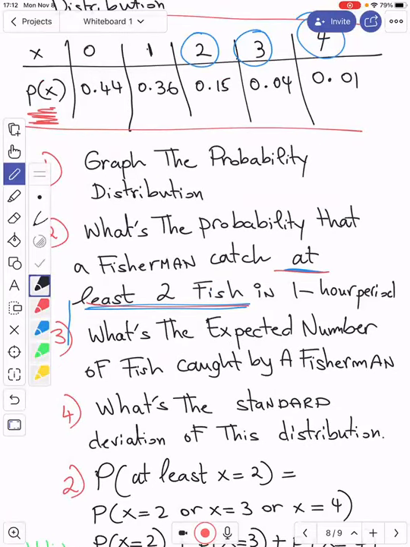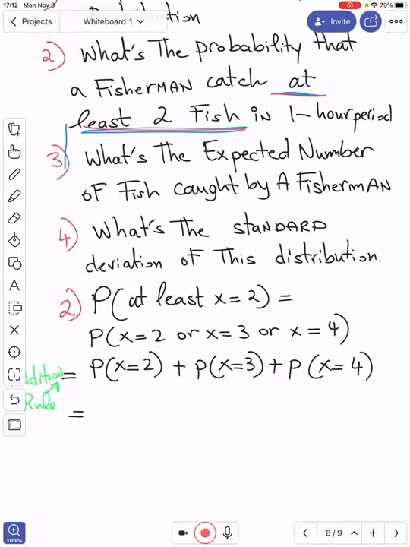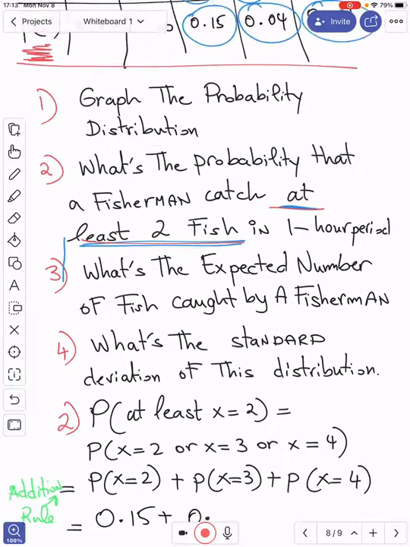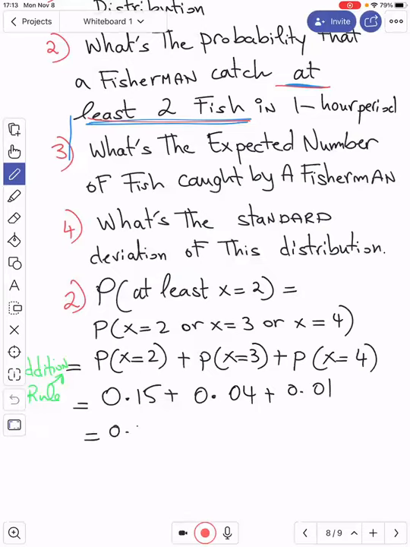So it's 0.15 plus 0.04 plus 0.01. Then the answer is 0.20, and that will be 20%.